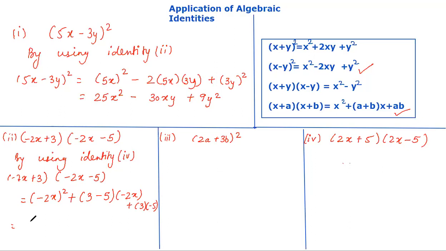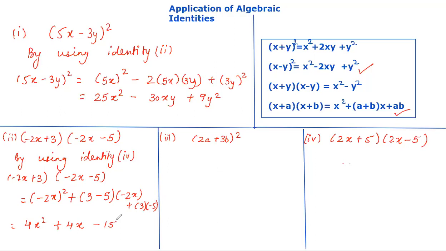So my final answer would be minus 2 square is 4x square. Now here it will be 3 minus 5, that will be minus 2, again multiplied by minus 2x. So that will ultimately give me plus 4x, and the last term would be plus and minus, minus, and it would be 15, right?